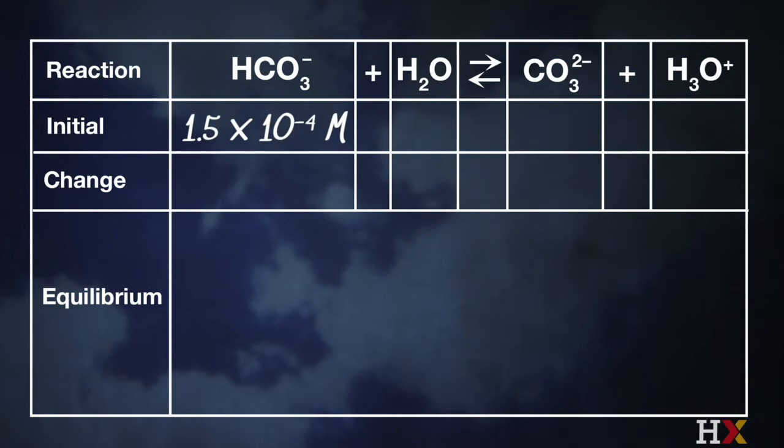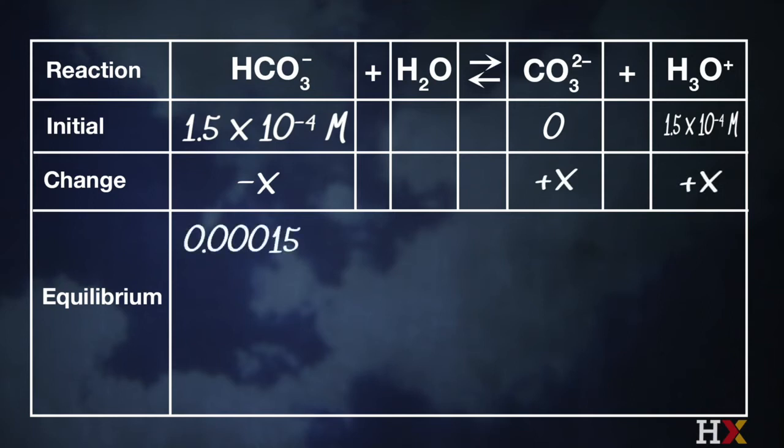Our initial condition before any reaction takes place is that we have 0 carbonate anion in solution, and the change in this bicarb concentration is minus X, and that's going to produce an equal amount on the right-hand side, so that at equilibrium we have 0.00015 minus X. And that produces, again, at equilibrium, a concentration of the carbonate anion of X.